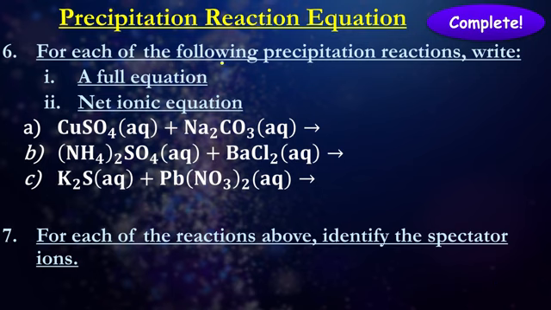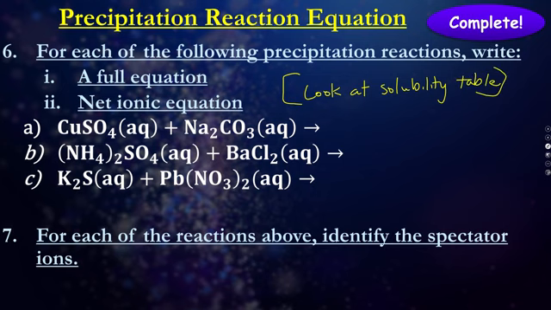Question 6, for each of the following precipitation reactions, write a full equation and a net ionic equation. So again, look at your solubility table if you want to do this right. That'll give you a much better hint as to which one forms a precipitate. Now, some of you might be thinking, what if you have two precipitates occurring in one reaction?